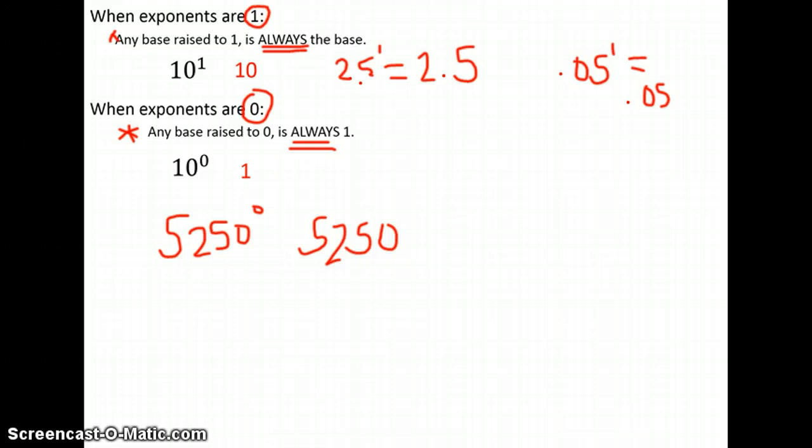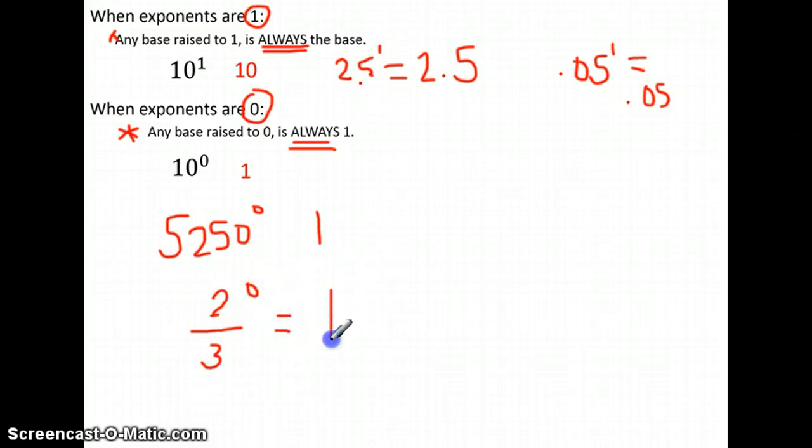Oh, I lied. Oops. I was thinking to the first power. Sorry. Let me erase that. It will be 1. 2/3 to the 0 power will be 1.